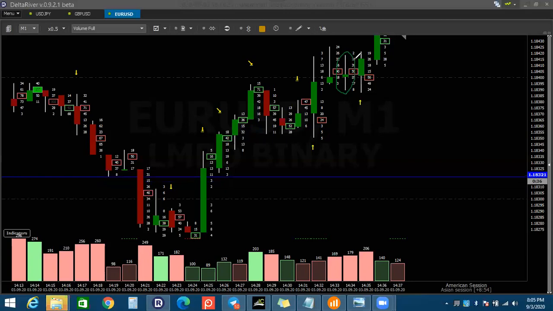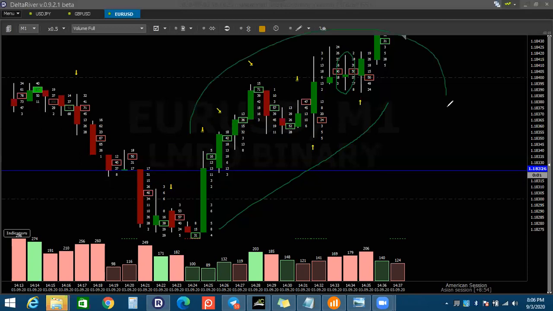Because these candles on this chart come from the MT5 Forex broker, not from IQ Option. The IQ Option supplier is different, and this IC Markets supplier is different. When we compile all the candles into Delta River, maybe Delta River is making some changes in the candles. That is why I say don't trade on the small candles.